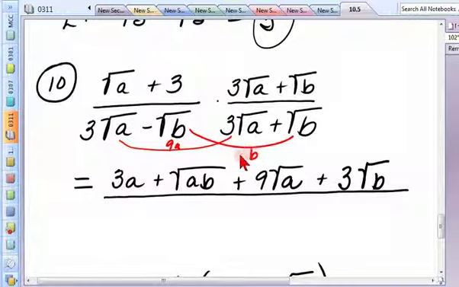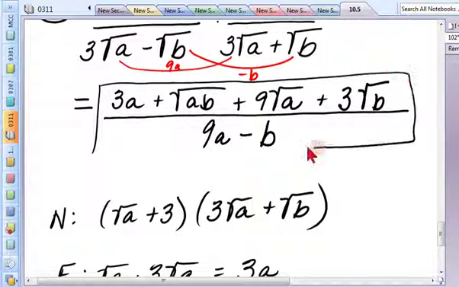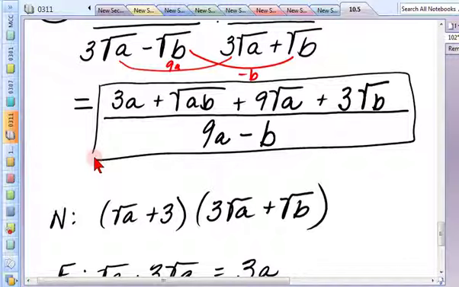It's b and it's minus. And I can't do that subtraction because I have 9a minus b. And no, you can't reduce.